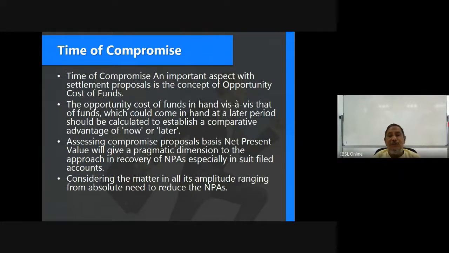The opportunity cost of funds in hand, vice versa, that of funds which could come in hand at a later period. The opportunity cost of funds in hand today, what is the value of the asset today, and funds which could come in hand at a later period, should be calculated to establish a comparative advantage of now or later. Comparative advantage.